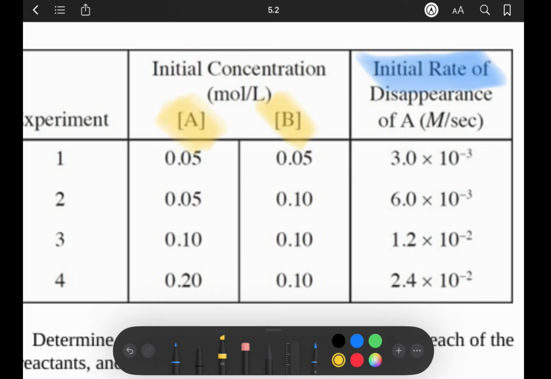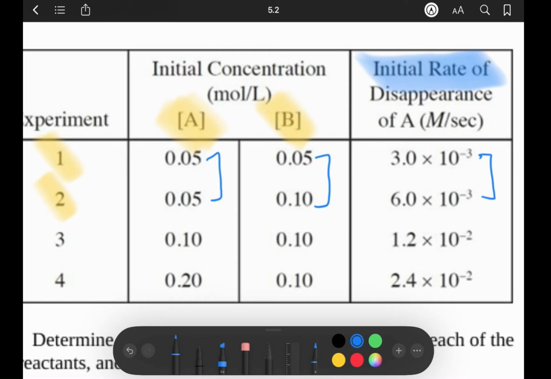For example, if we look at experiment number 1 and number 2, we can notice that the concentration of A is fixed, whereas the concentration of B is changed. So at that point, we will see what happens to the rate of reaction as a result of changing the concentration of B.